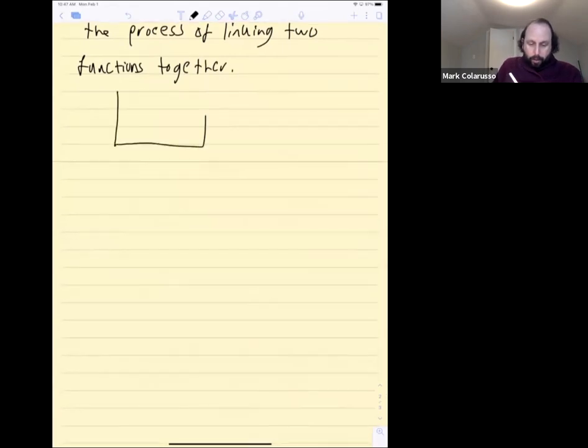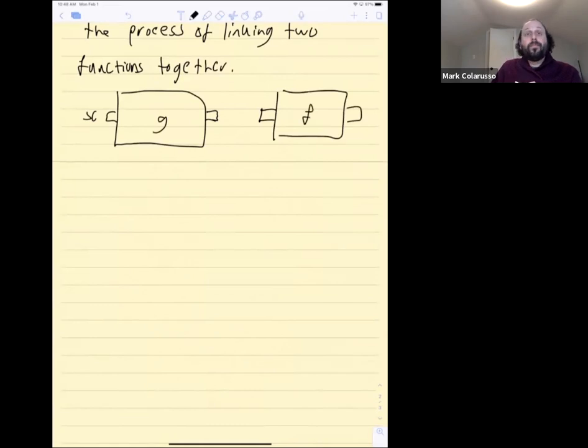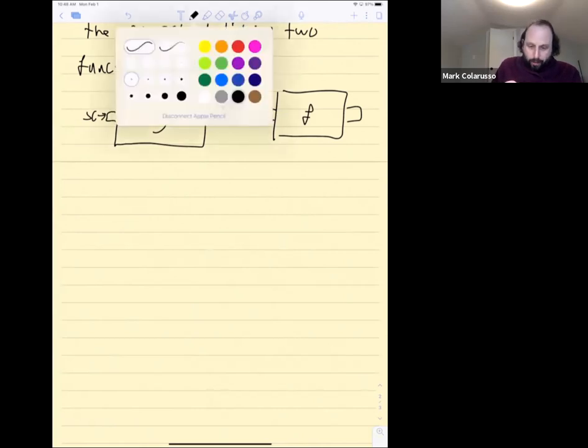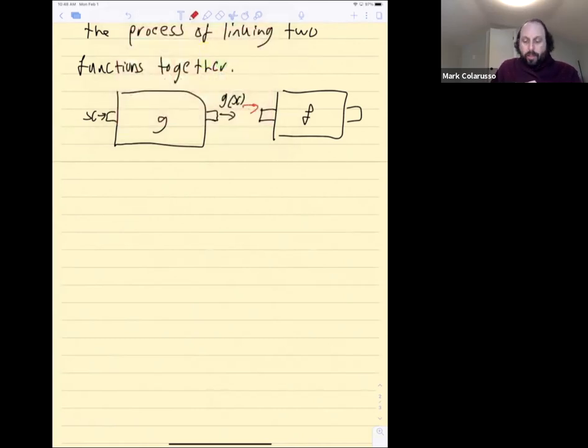I'll draw my little function machines. I have a function g, and I have a function f. What I can do is input into my function machine g a number x and get out a number g at x. Then I can bring it right beside this machine, the function machine for f, and input the output of g into f.